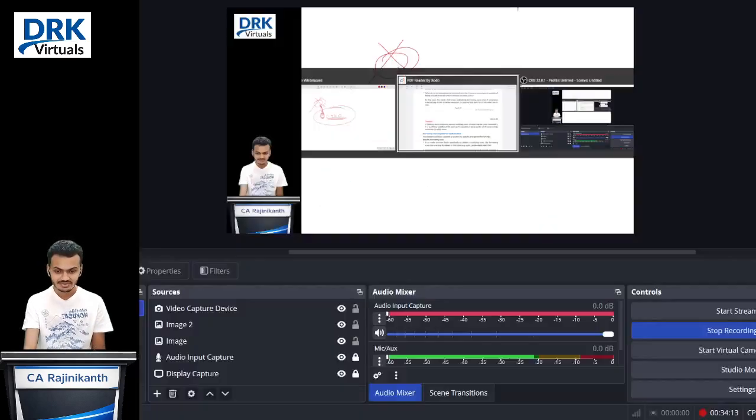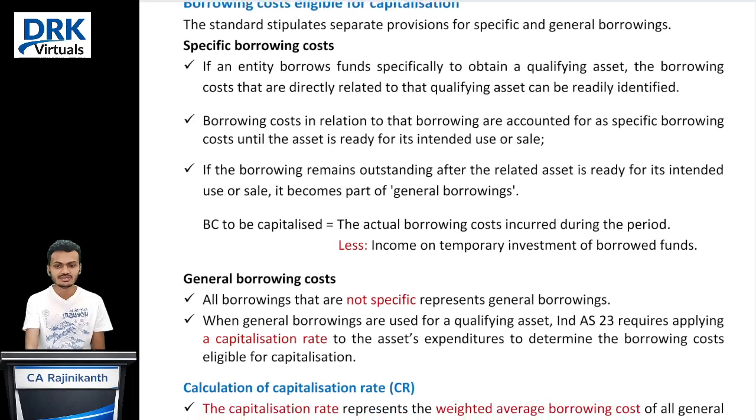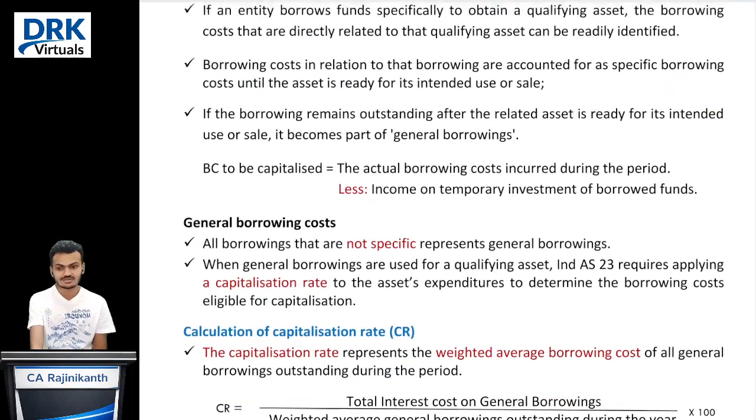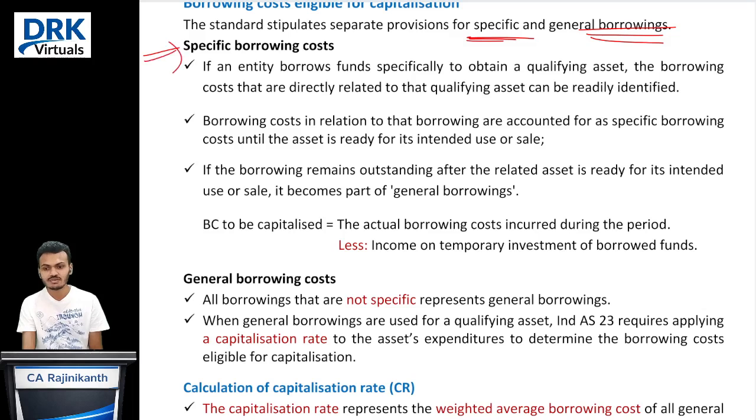Clear? And next one, the standard is providing separate provisions for specific borrowings and general borrowings. How to calculate the interest cost that can be capitalized in case of both? Let's discuss. Firstly, specific borrowings. Specific borrowing means what, sir?